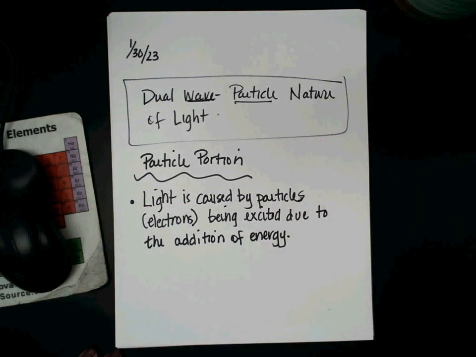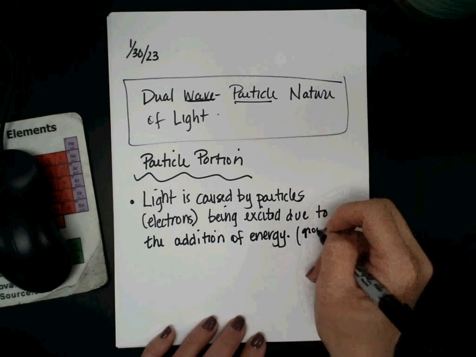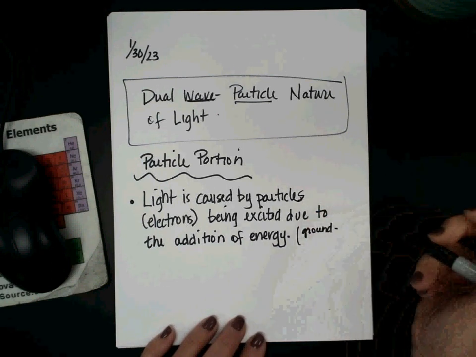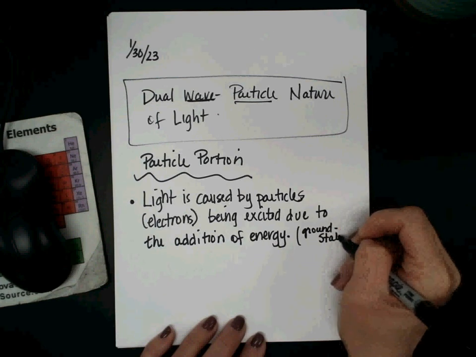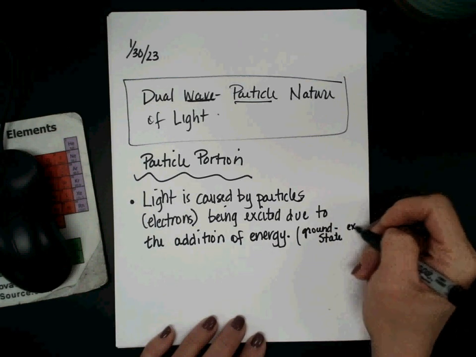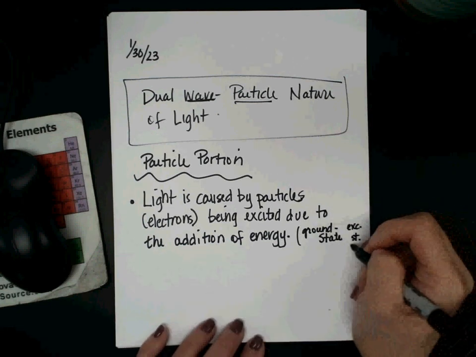So think here, and I would expect you, I mean, I'm being brief. If I ask you a short answer about this, you're going to have to explain it a little bit more in depth. Think here, ground state, excited state, and then back, and what happens.